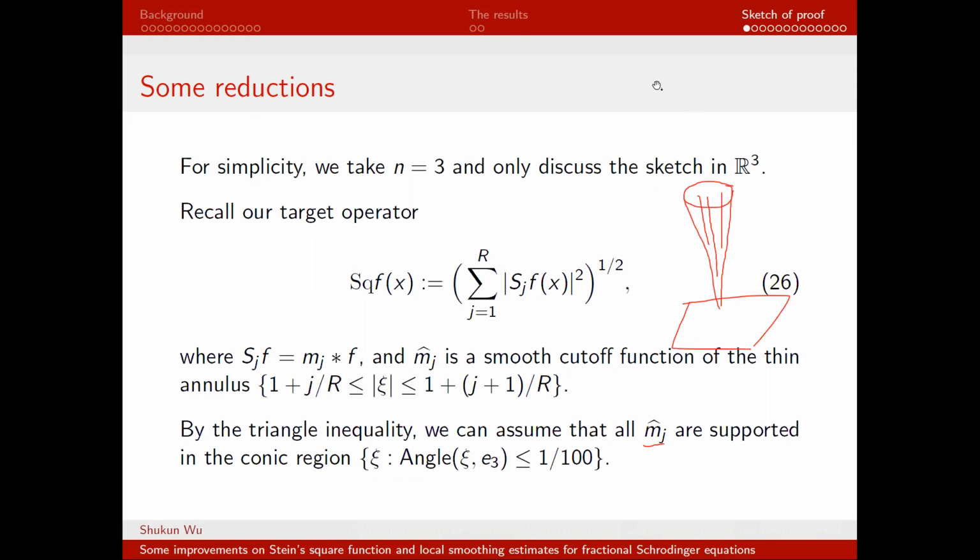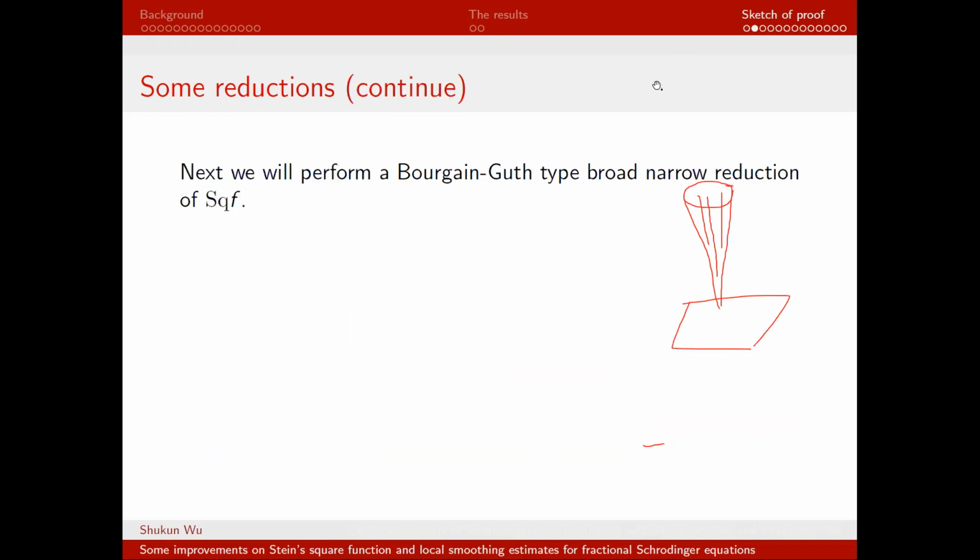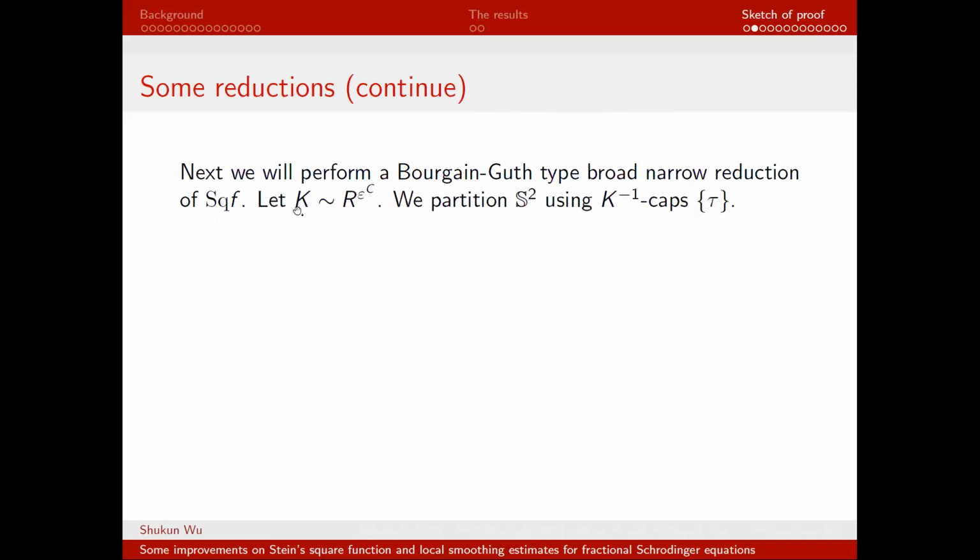Next we will perform a Bourgain-type broad-narrow reduction on our square function. We define a factor K, which is very small compared to R, and we partition the unit sphere using caps of dimension K to the minus 1.